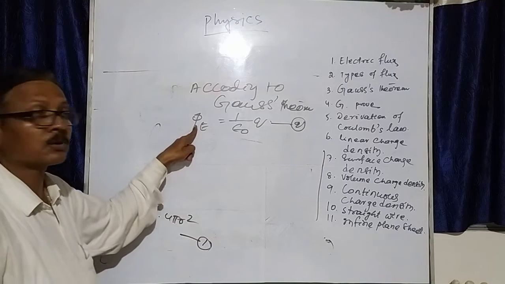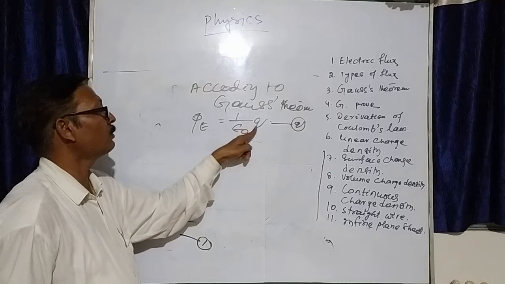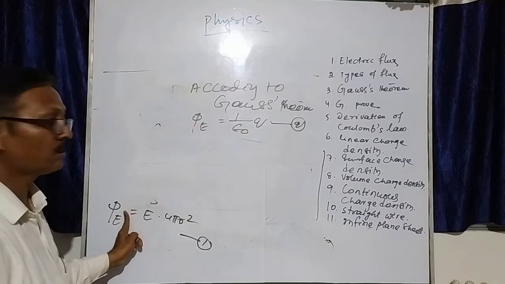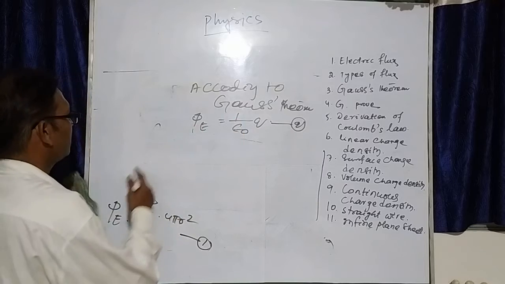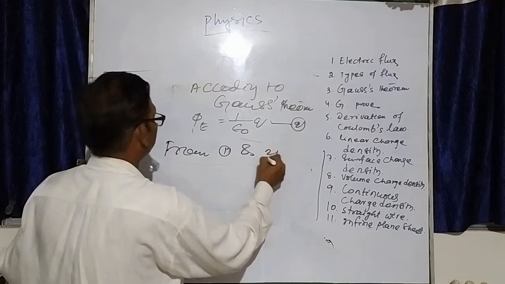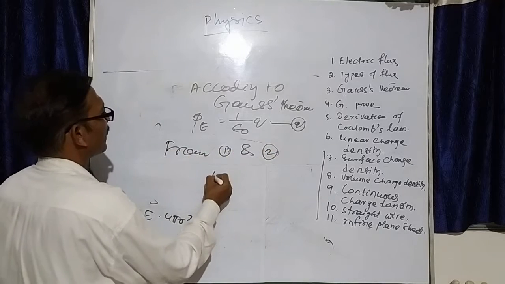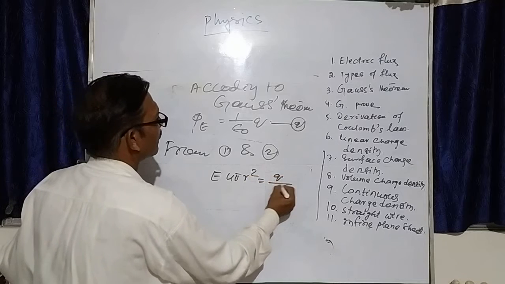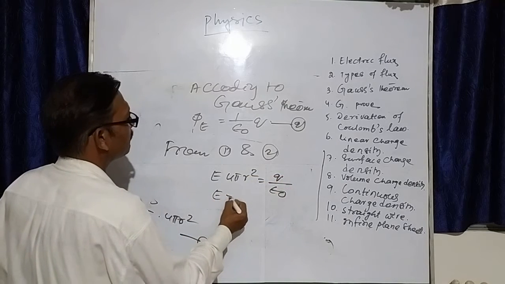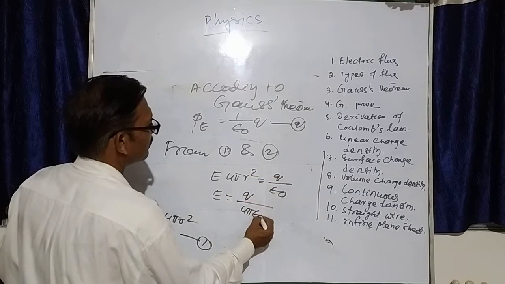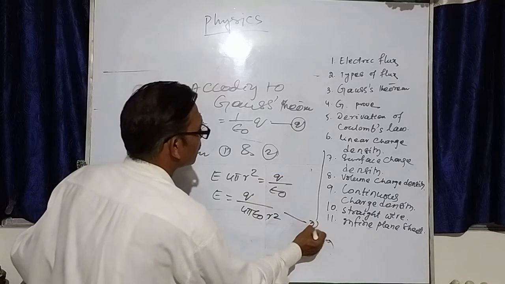This is also electric flux, 1 by epsilon 0 q, according to Gauss theorem. So the left sides are equal, so the right sides will be equal. From 1 and 2, E 4 pi r square is equal to q by epsilon 0. You find E is equal to q by 4 pi epsilon 0 r square. This is your equation 3.